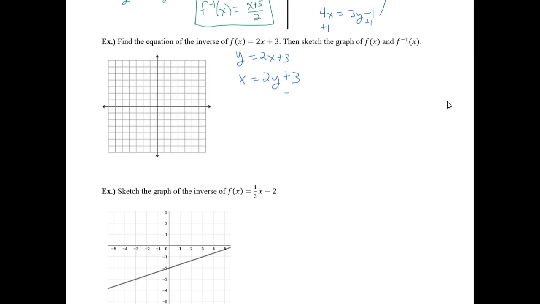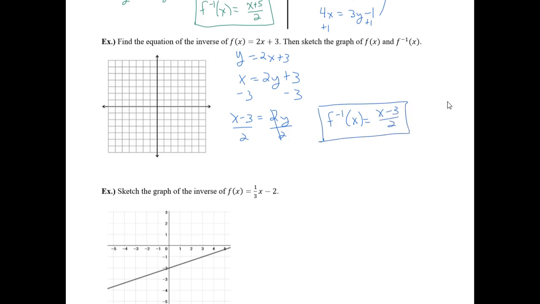I'm going to subtract 3 from both sides and divide by 2. And then replace my y back with the inverse function notation. So instead of writing y, I'm going to write f inverse of x equals x minus 3 over 2.